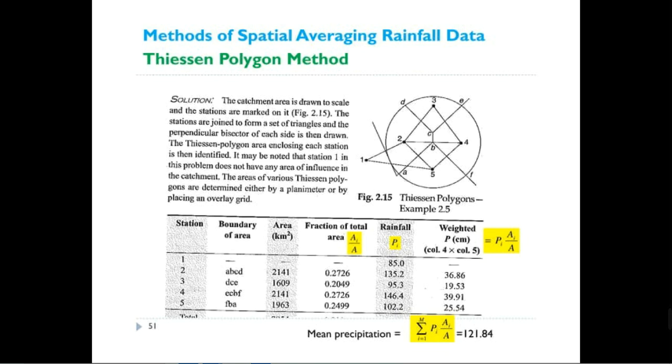They put a scale on it, but we can measure the actual area using the planimeter and multiplying by the scale. This is the thing, the planimeter. One of the surveying instruments is the planimeter. So we can measure the actual area.